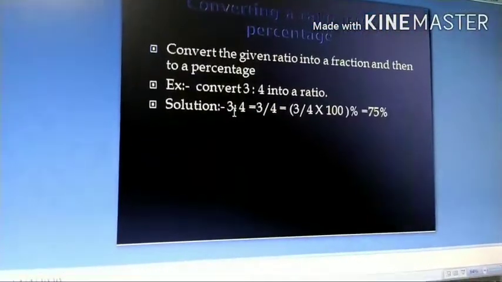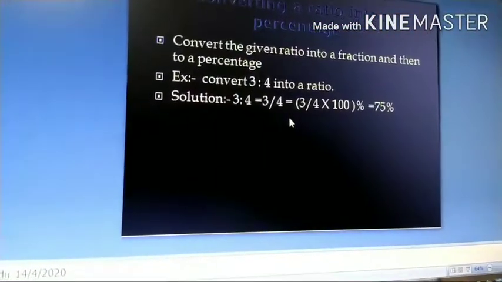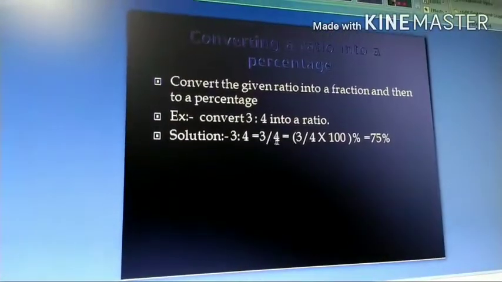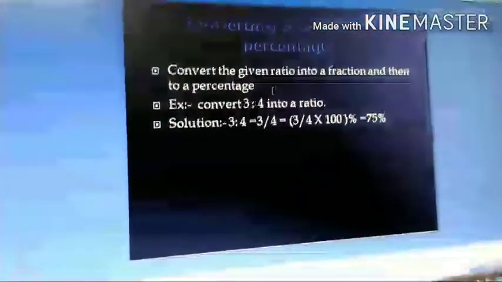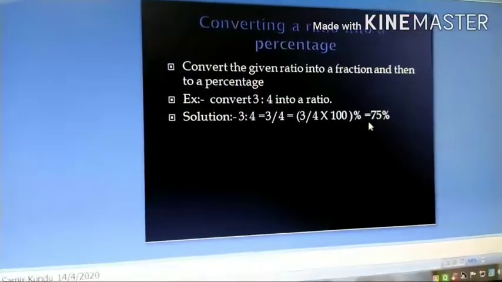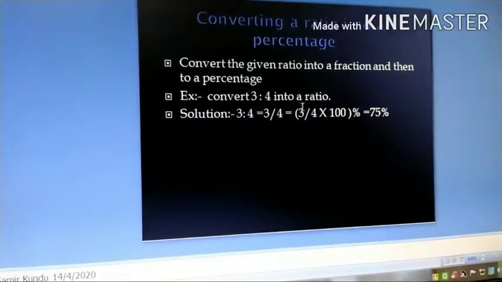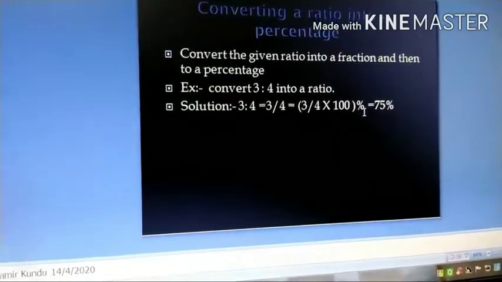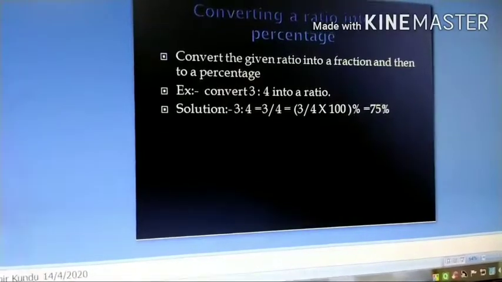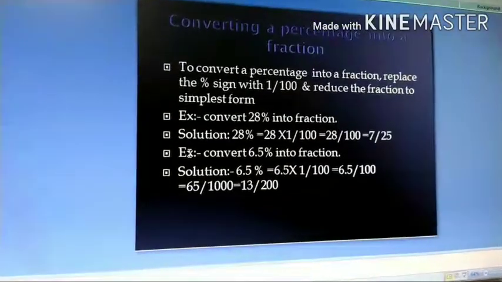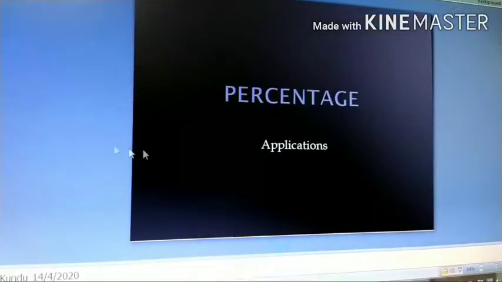Hence the solution will be 3:4, that is 3 by 4. We have to follow the method of converting a fraction into a percentage, that is into 100 and putting the percentage symbol. So 3 by 4 into 100 percent, that is 75%.